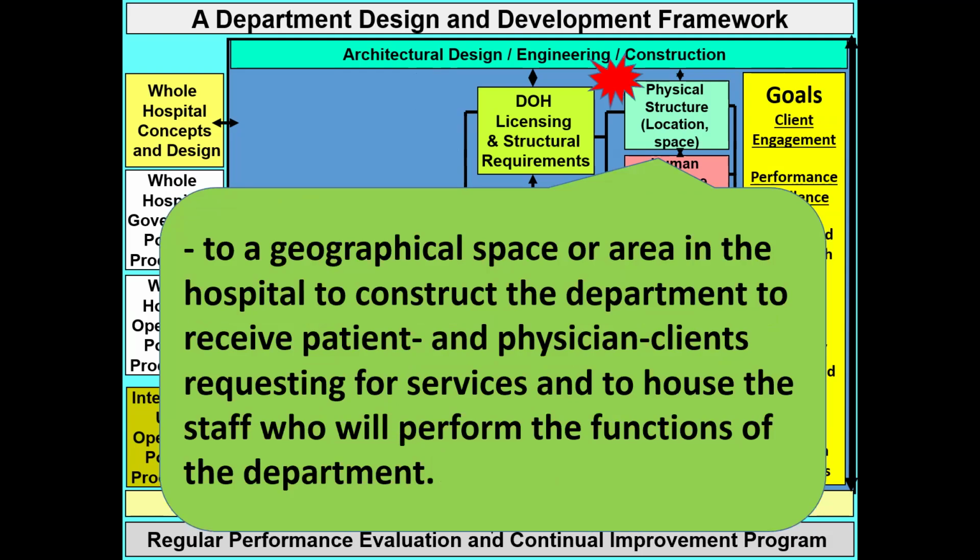The physical structure. This refers to the geographical space or area in the hospital to construct the department to receive patient and physician clients requesting for services and to house the staff who will perform the functions of the department.